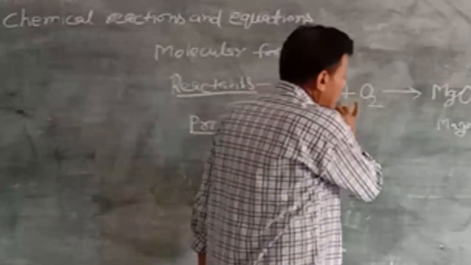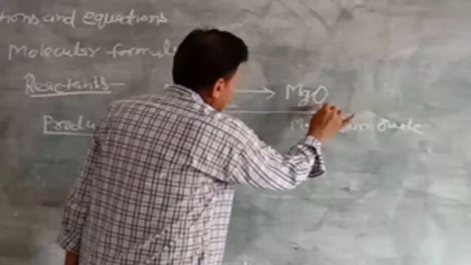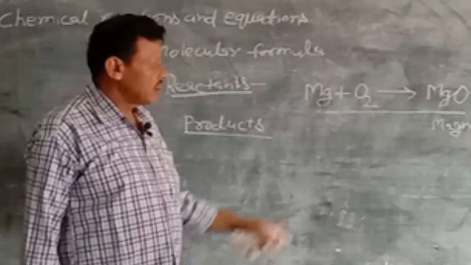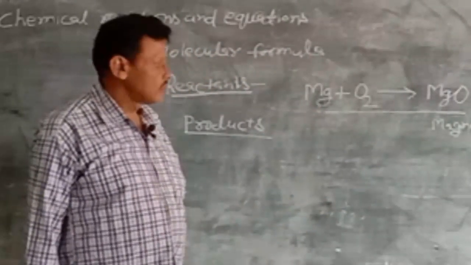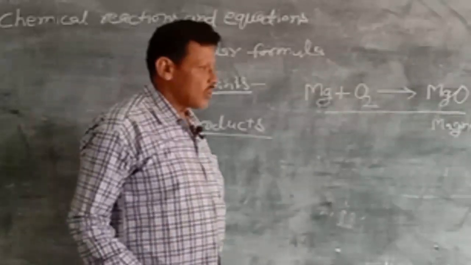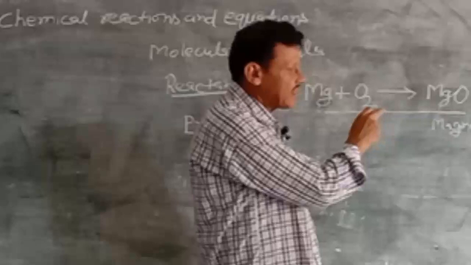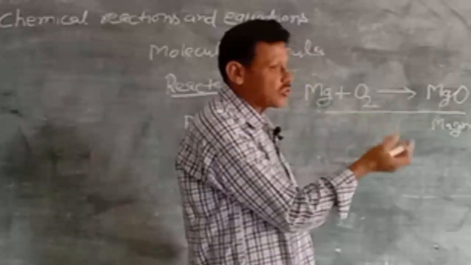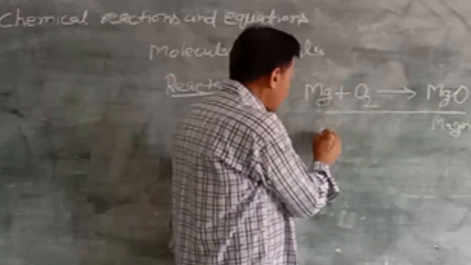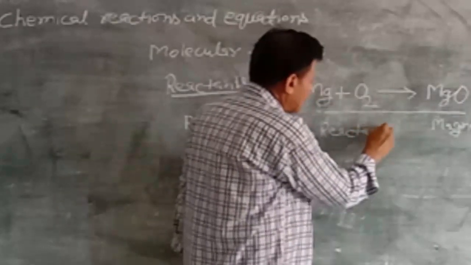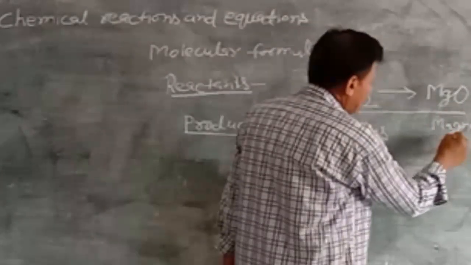And this language of chemical reaction is called a chemical equation. It is not a balanced equation. We need the balancing of the various atoms on both sides. These are called reactants, and these are called products.